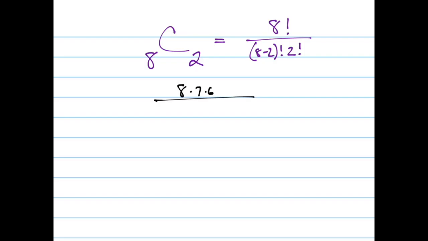Okay? We have 8 possible side dishes, and we're going to choose 2 of them. So instead of doing 8 pick 2, 8 permutations, we do 8 choose 2 because we don't care what the order is. And so our formula is 8 factorial over 8 minus 2 factorial, 2 factorial. Now, 8 factorial, you really don't need your calculator, because we have 8 factorial and then we have 6 factorial.